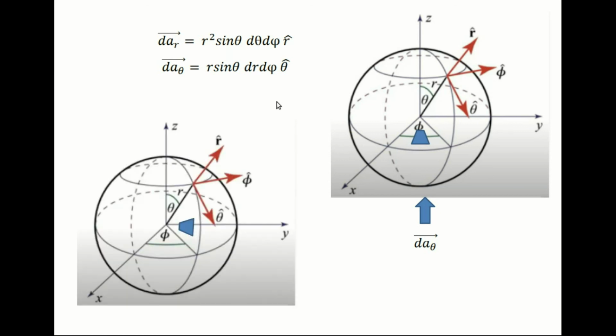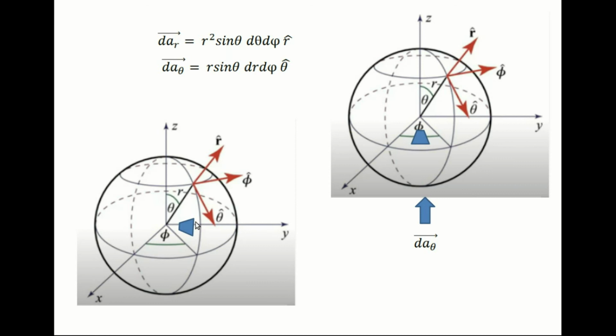Now look at the blue patch of area on this circle. What is constant here? Phi. Phi, the angle from the x axis, is constant for every point on this circle.